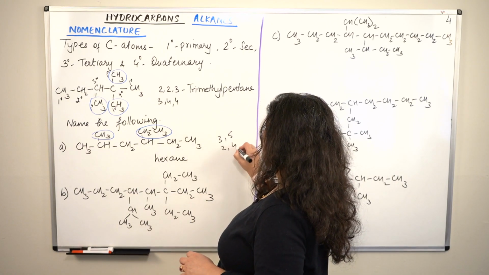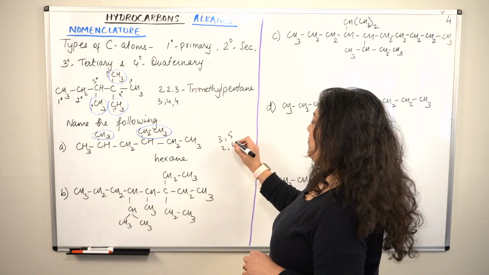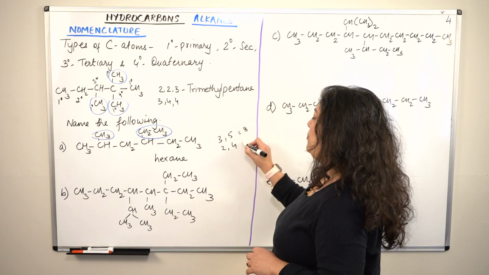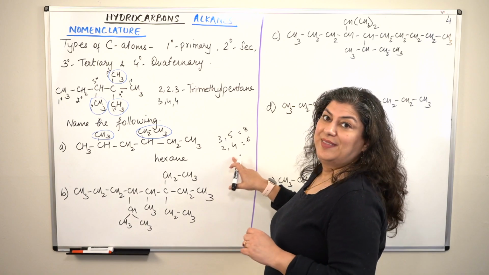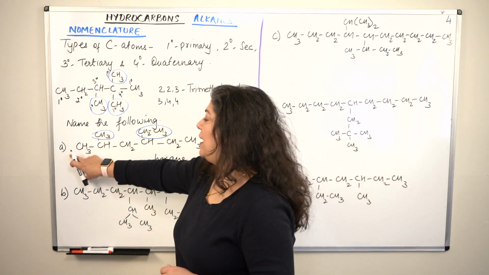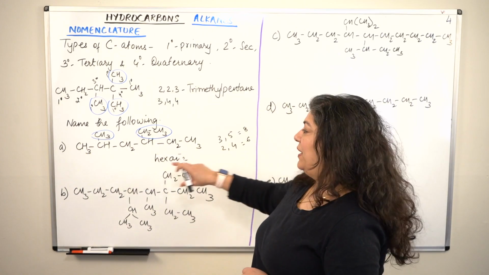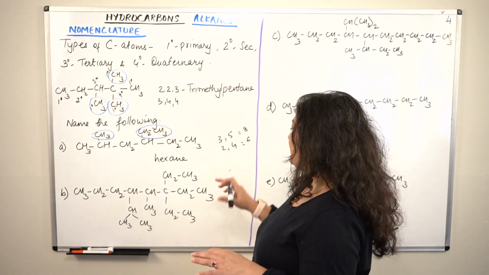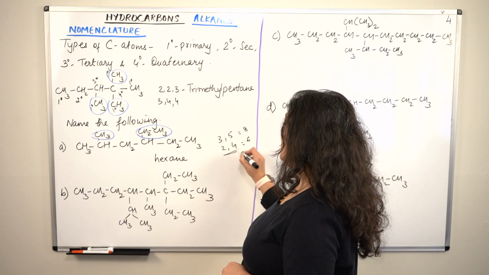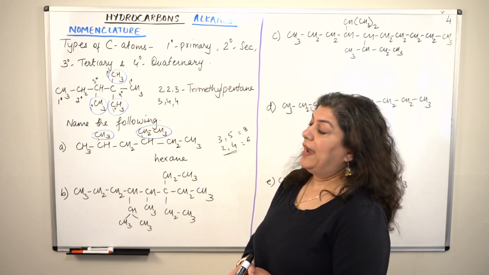Which will have the lower sum? 5 plus 3 is 8. 4 plus 2 is 6. So the lower locants are in this direction, and I will count from this direction. So obviously I will be using these locants, 2 and 4.